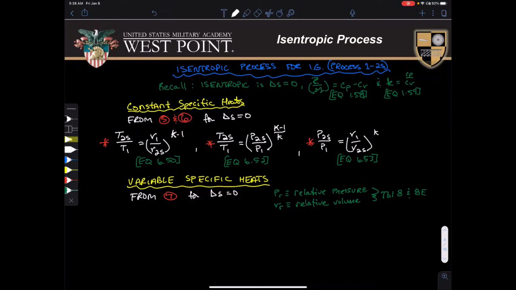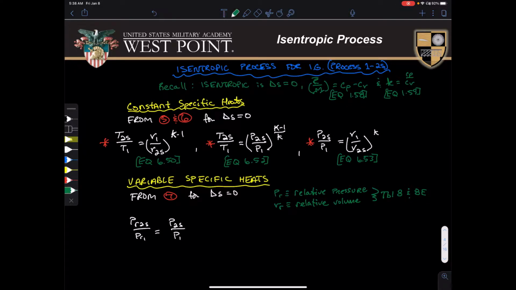The first in terms of our relative pressures and isentropic pressure at state 2 and pressure at state 1. So we have our ratio of relative pressure at state 2 isentropic divided by the relative pressure at state 1, which is equal to our pressure at state 2 isentropic divided by our pressure at state 1.